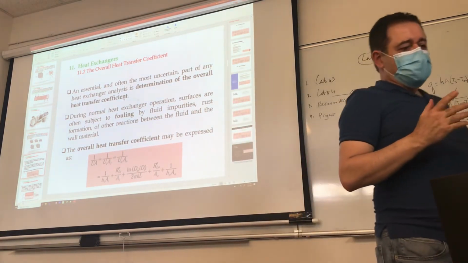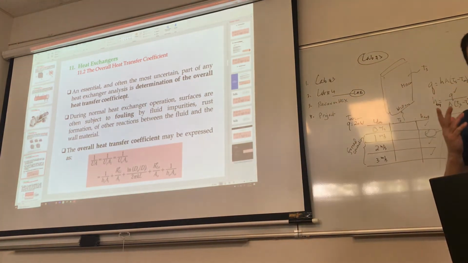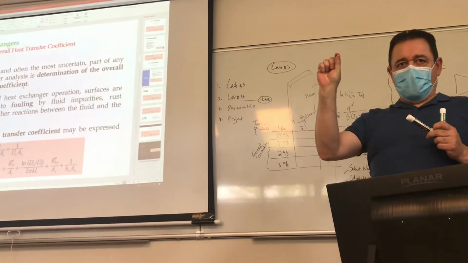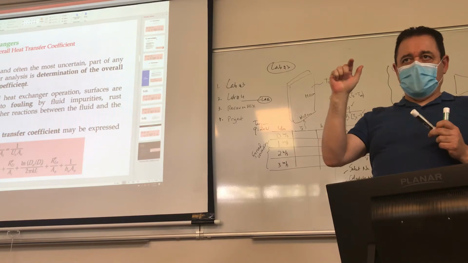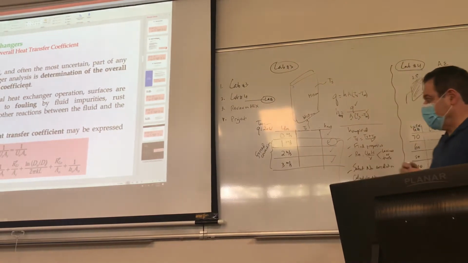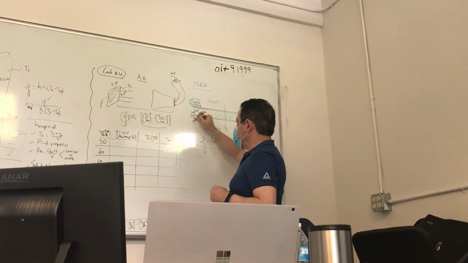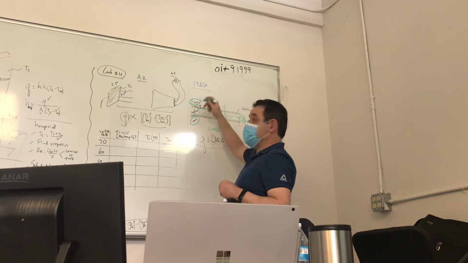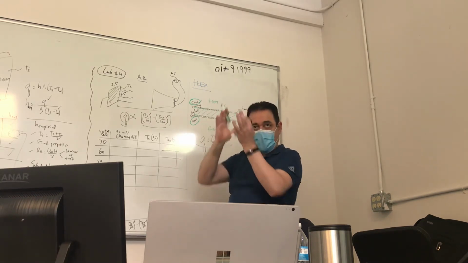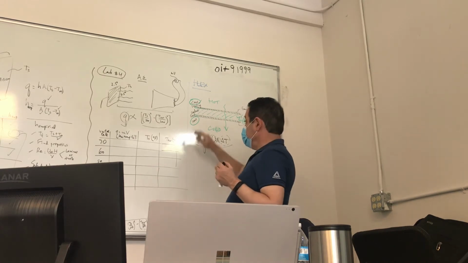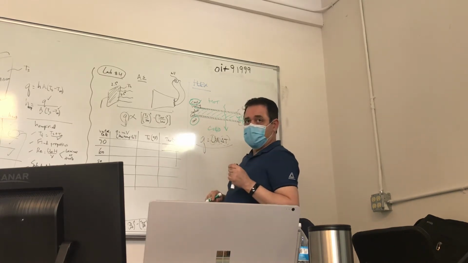In most cases, the fouling is usually ignored, and also the thickness of the wall of a pipe is usually neglected. So in most cases, the only 2 resistances typically considered are the convective resistance on the outside for the hot fluid, if the fluid is flowing on the outside, and the convective resistance on the inside, okay?